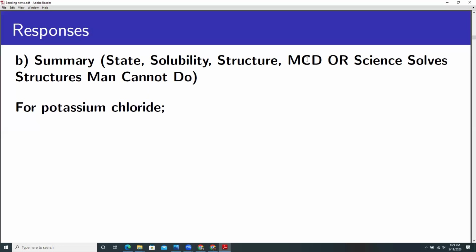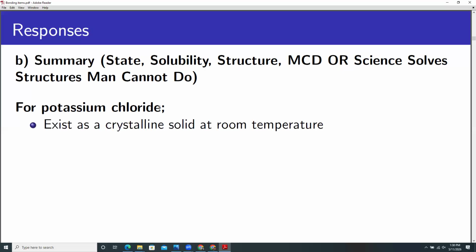To think about a basic example of ionic compounds, one can take sodium chloride, the usual common salt. It is a solid at room temperature because it is an ionic compound. Similarly, potassium chloride is an ionic compound. Therefore, what is its state? It exists as a crystalline solid at room temperature.